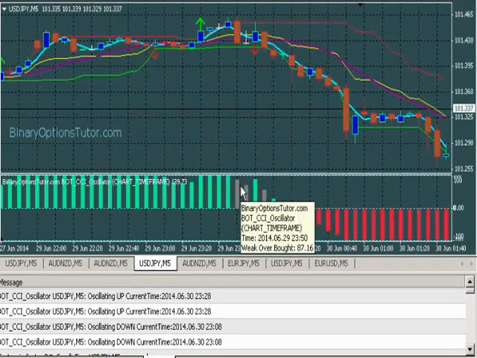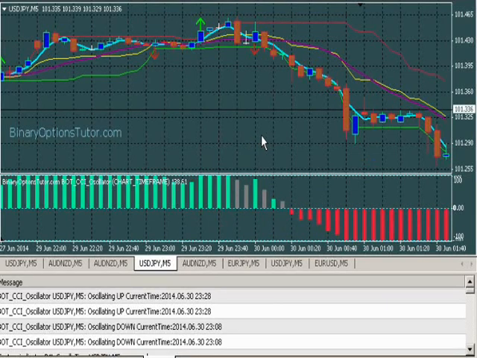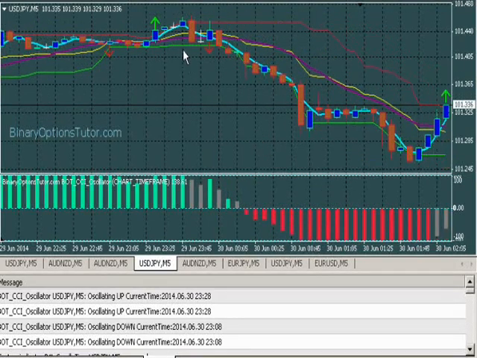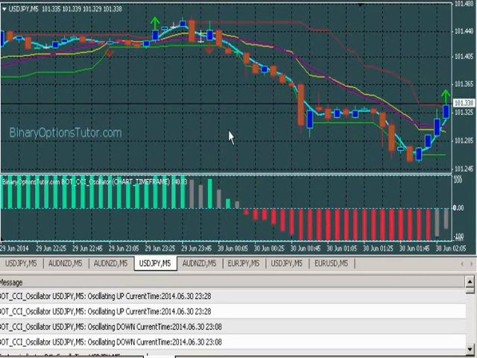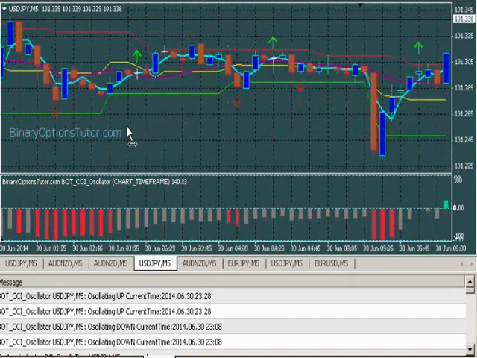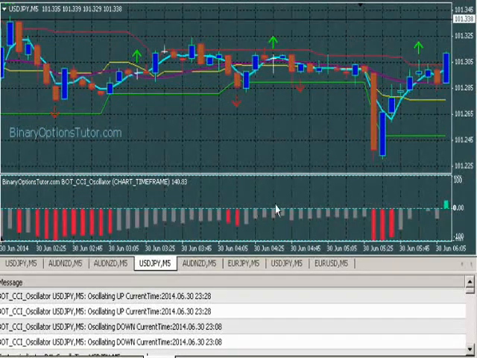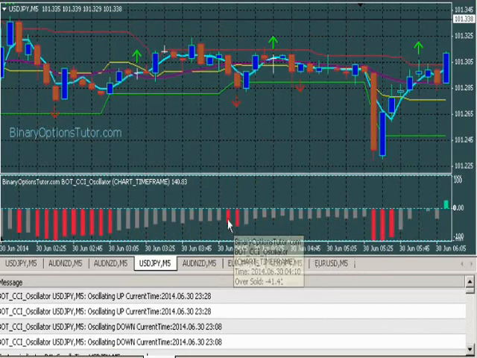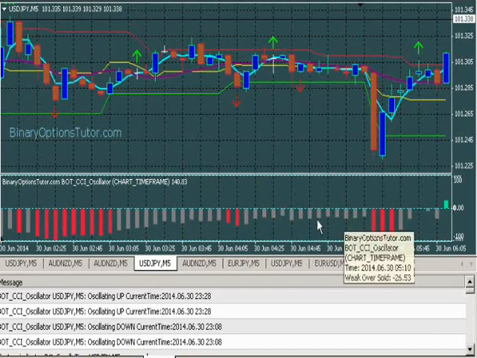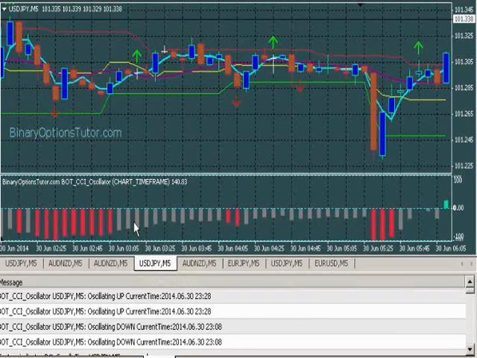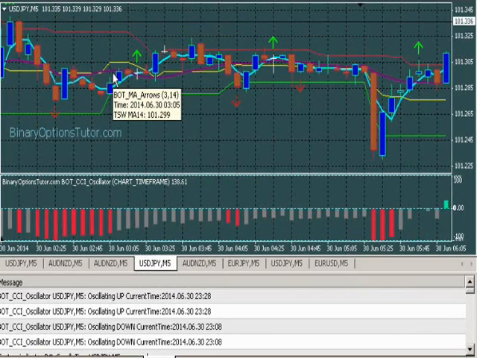Now there's some gray area here, but the oscillations are higher above that zero line. Also, there's not as many bars of gray area here as we see in this little weak area here, where there's barely any actual defined trend.